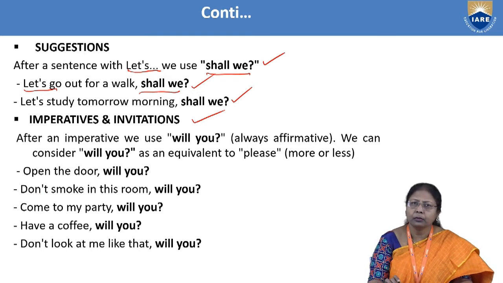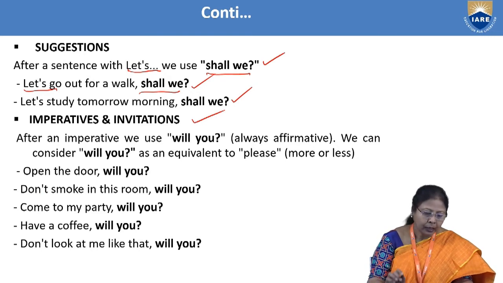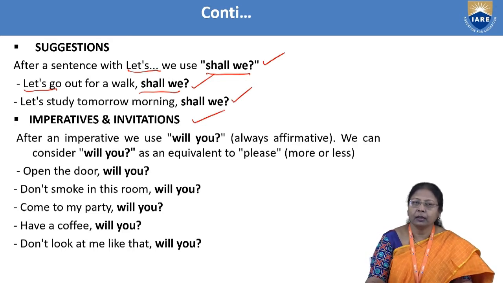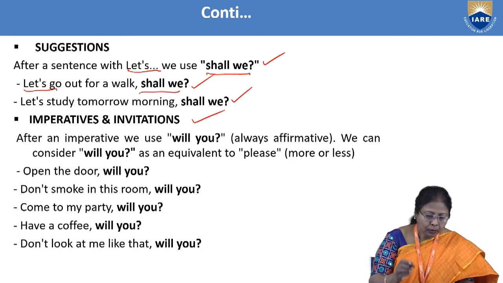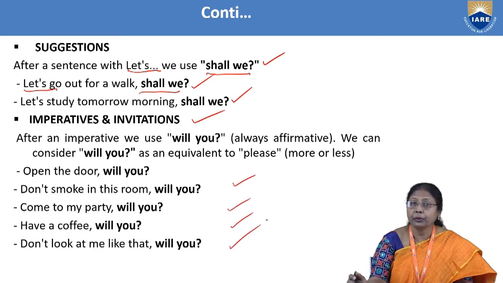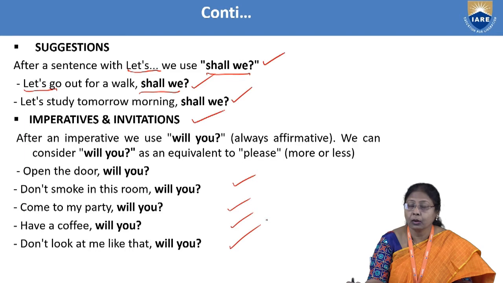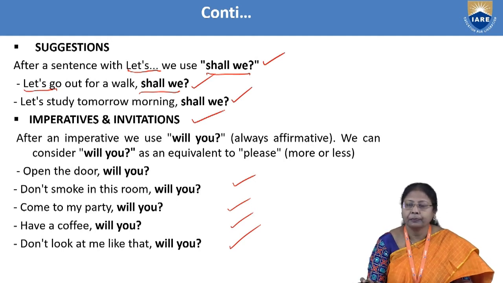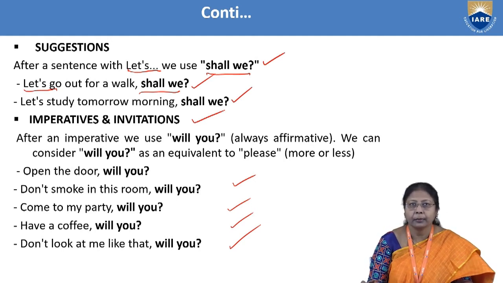Don't smoke in this room, will you? Come to my party, will you? Have a cup of tea or coffee, will you? Don't look at me like that, will you? So, keep it in mind, whenever you get imperative sentences, you can use "will you" as a question tag.